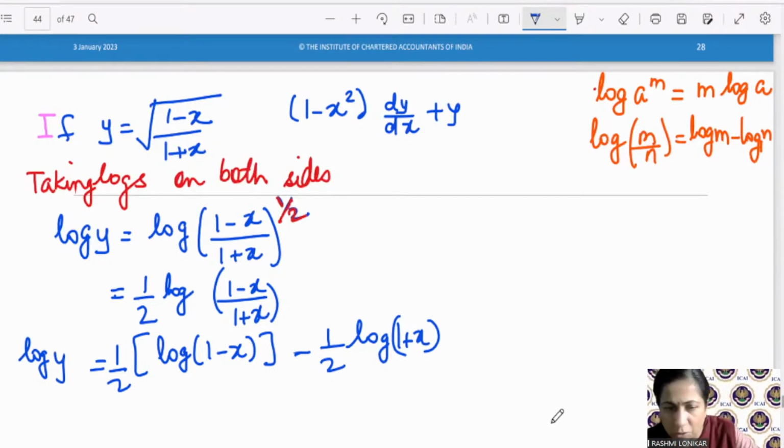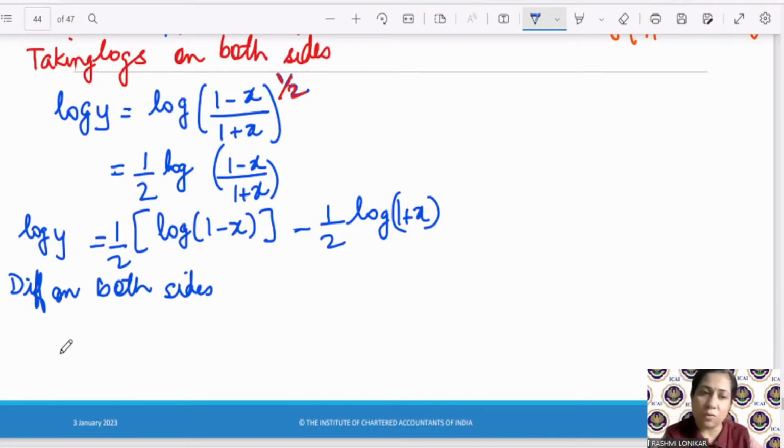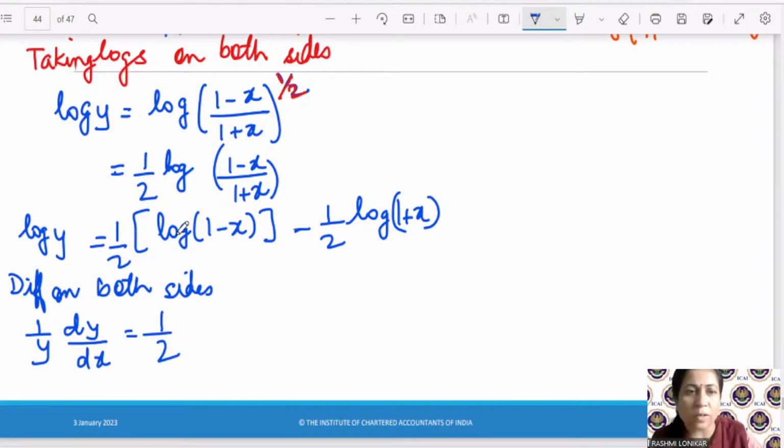Now differentiating on both sides. What is the derivative of log y? 1 upon y dy by dx is equal to 1 upon 2. The derivative of log of (1 minus x) will be 1 upon (1 minus x), minus 1 upon 2, and the derivative of log of (1 plus x) will be 1 upon (1 plus x).